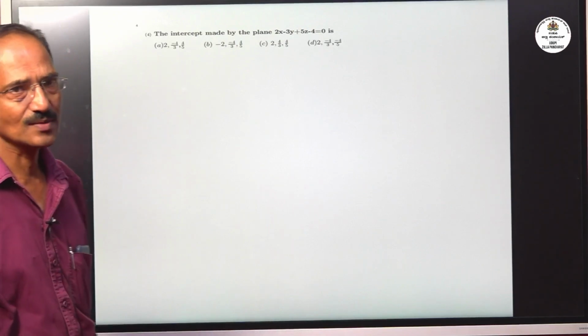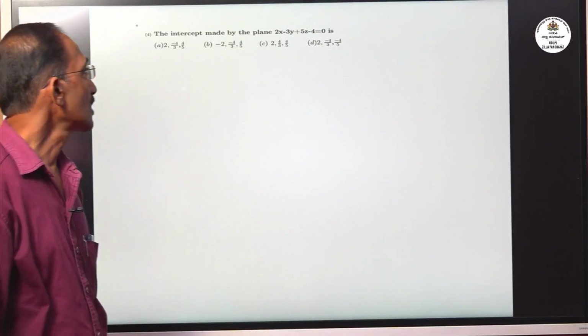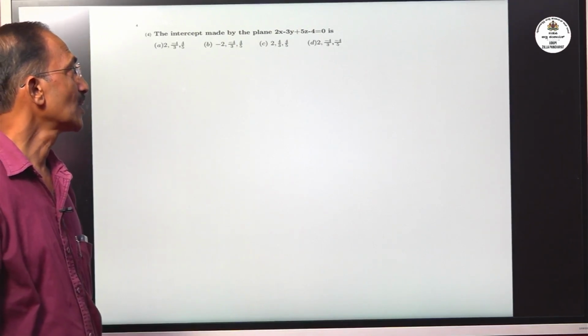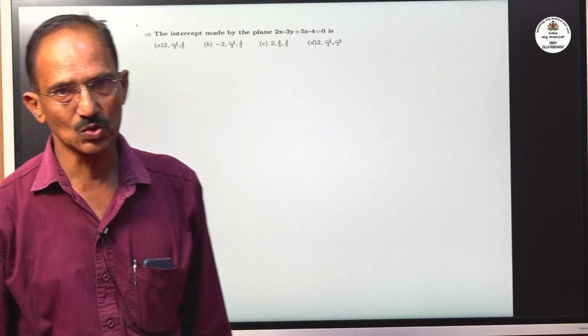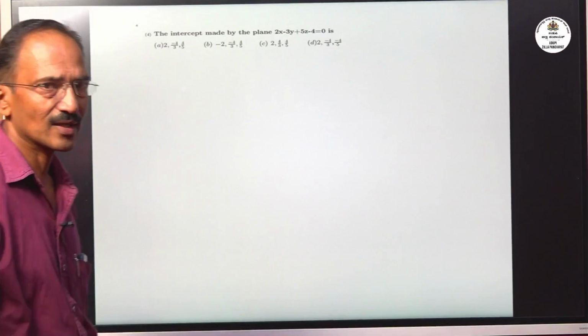So fourth question: the intercepts made by the plane 2x minus 3y plus 5z minus 4 equals 0. This is also a direct question.